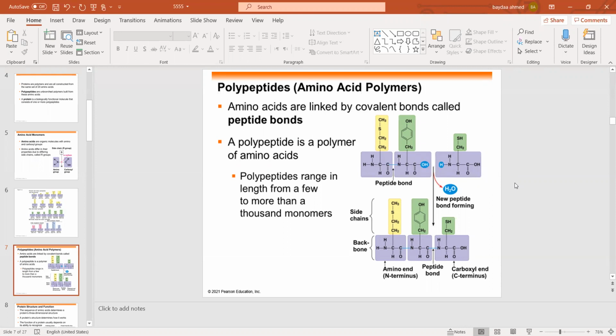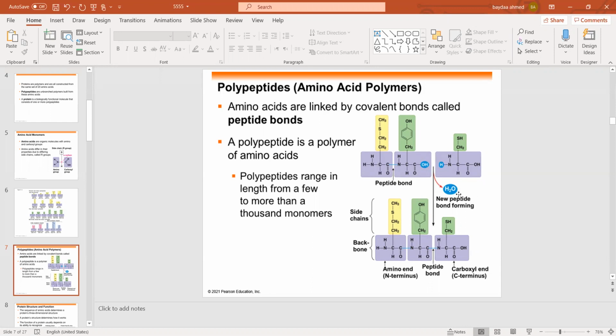The resulting covalent bond is called a peptide bond. Remember that for carbohydrates we call it a glycosidic linkage, and in lipids we call it an ester bond, and here between amino acids we call it a peptide bond, and the polymer we call a polypeptide.